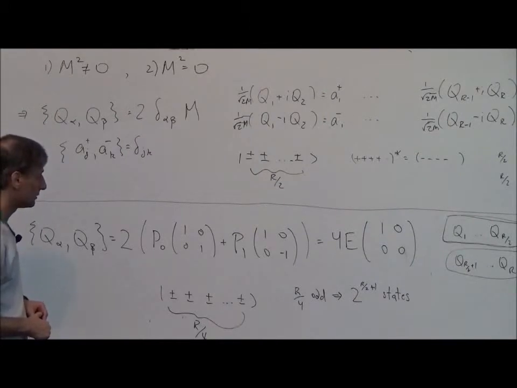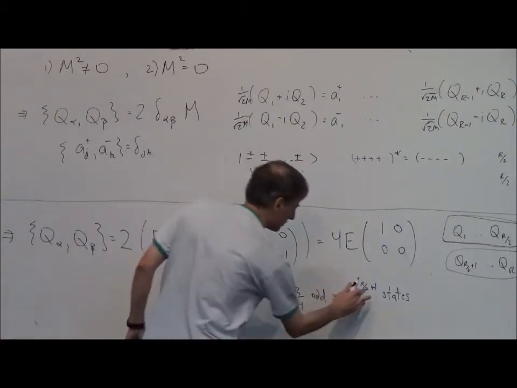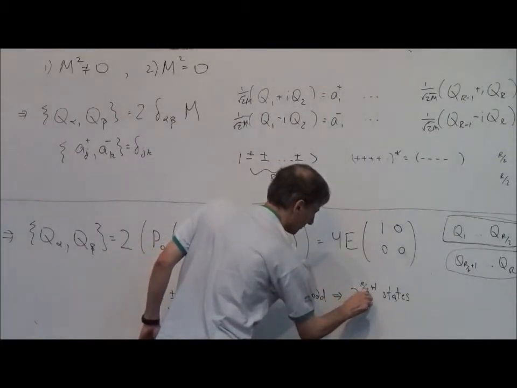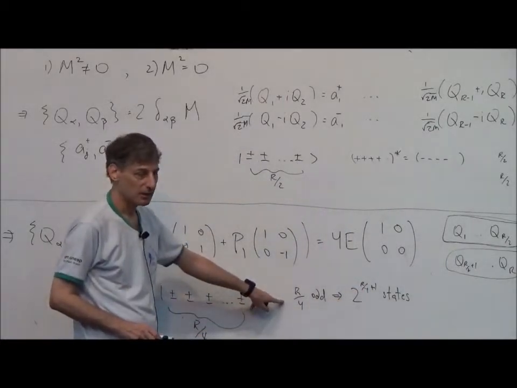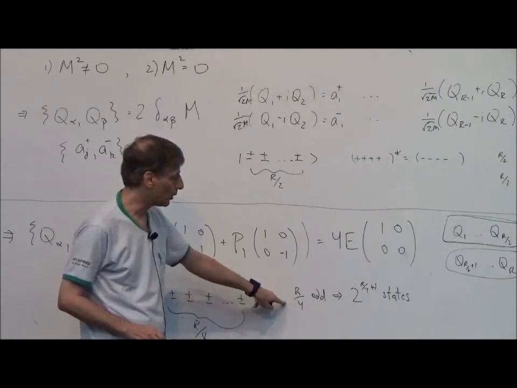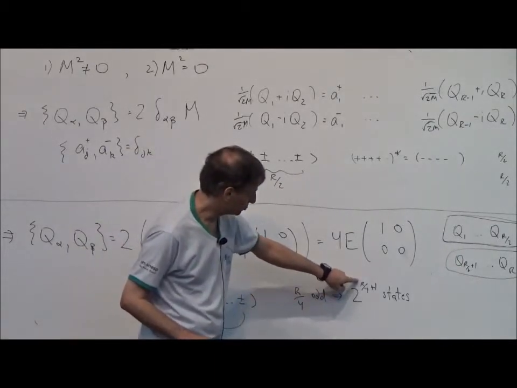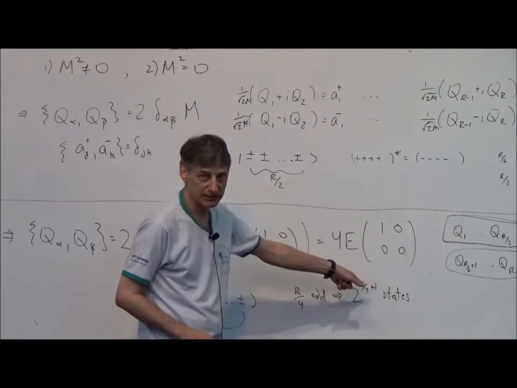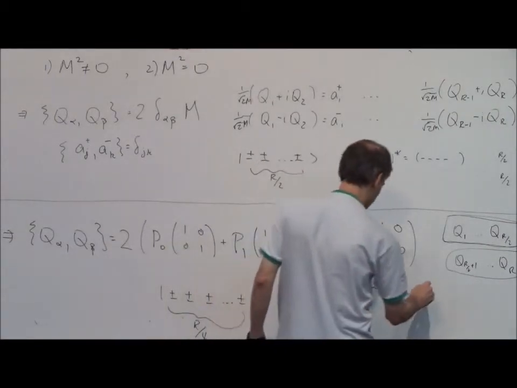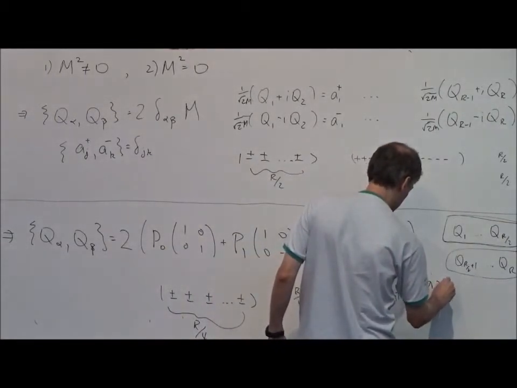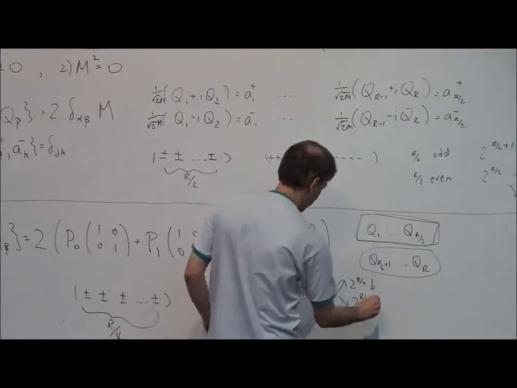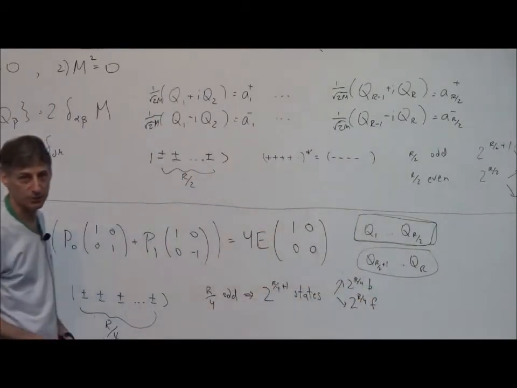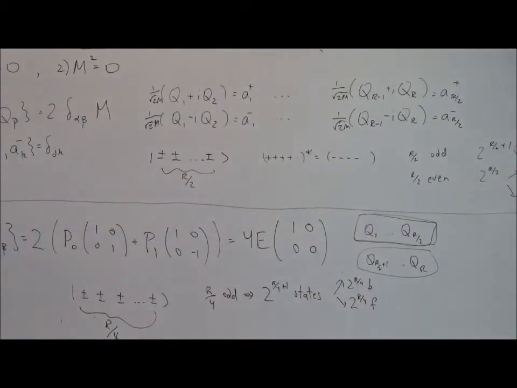It's not over 2, I'm sorry, this should be R over 4. So for example in d equals 4, or in this case, R is equal to 4, so R over 4 is equal to 1. So this gives me 2 to the 1 plus 1, gives you 4 states, which are the same as before. So we have 2 to the R over 4 bosons, 2 bosons and 2 fermions. That's what we got for the massless case, for example, supermass one.